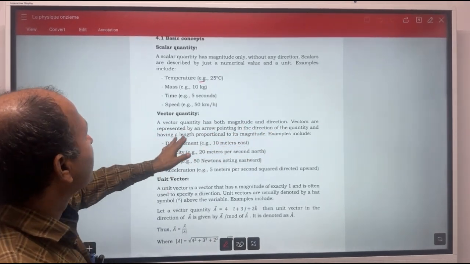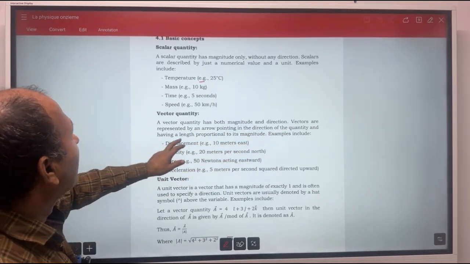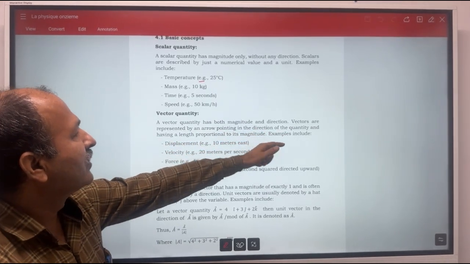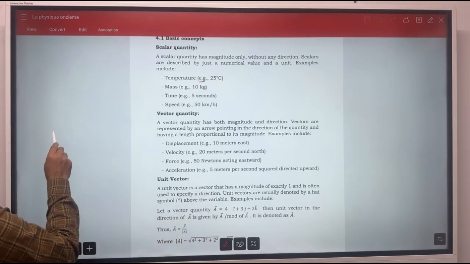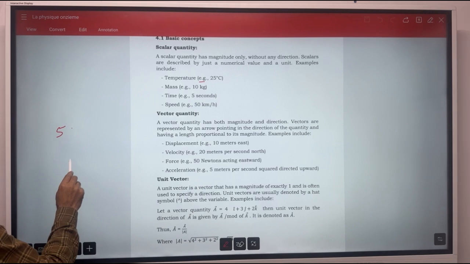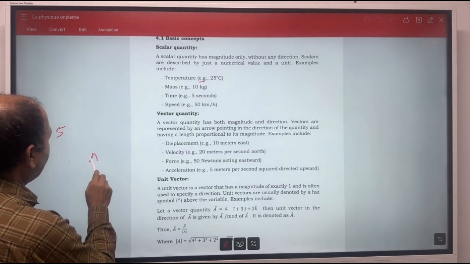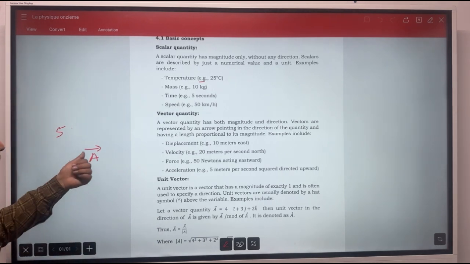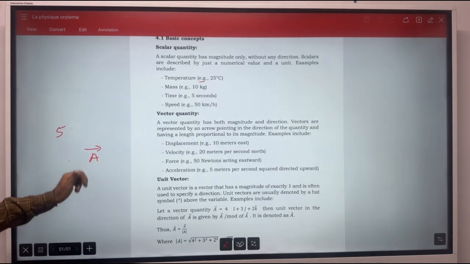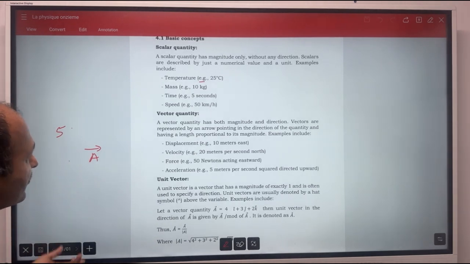Vectors are represented by an arrow pointing in the direction of the quantity and having a length proportional to its magnitude. Suppose we want to write some quantity like vector A. Here this arrow indicates that it is a vector. We will study the components and other things, how to evaluate them, etc.